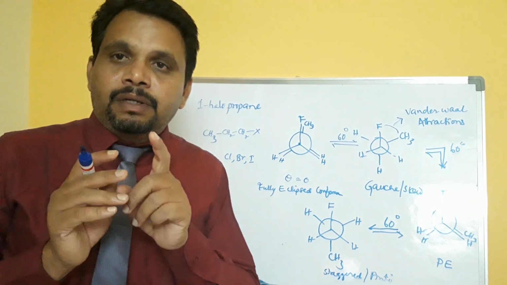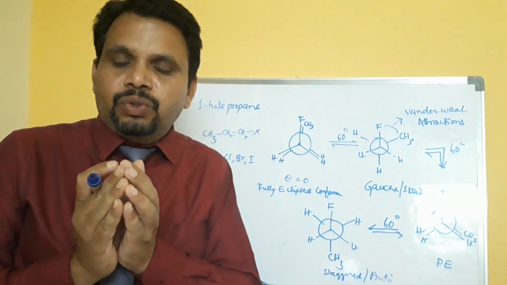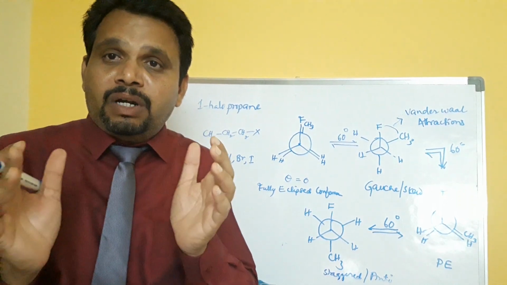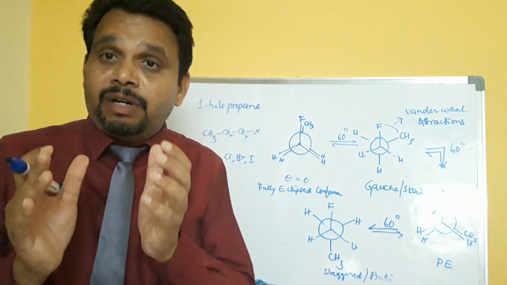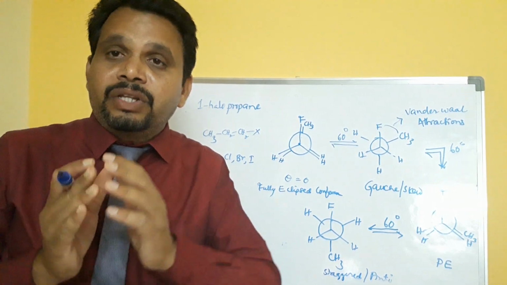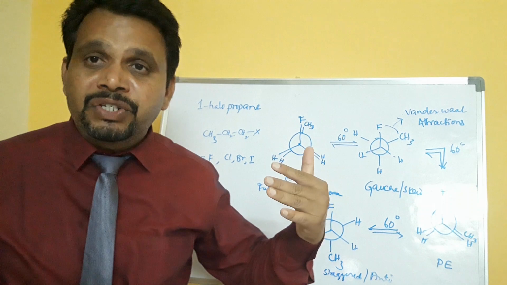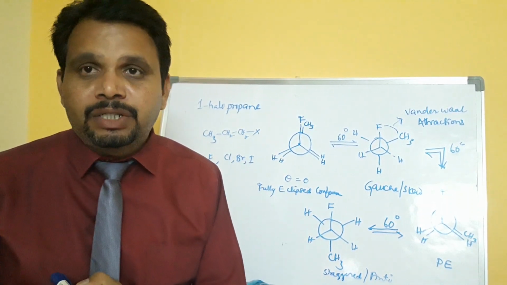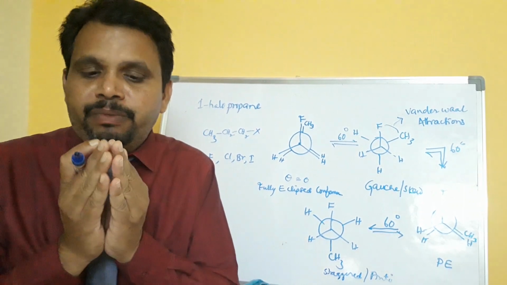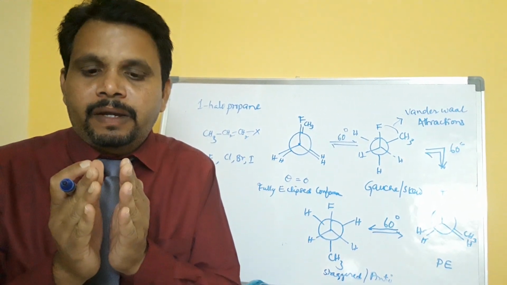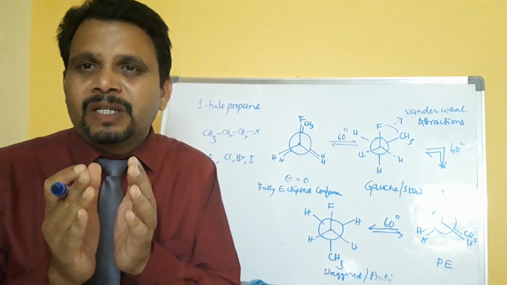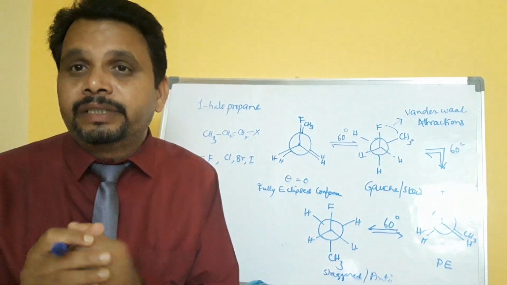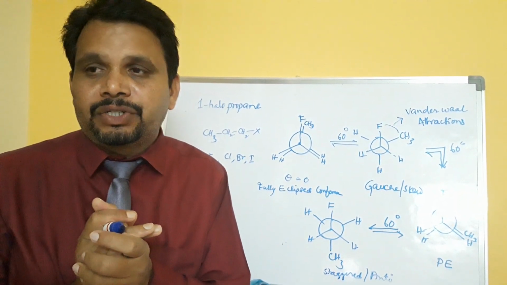If the distance between two groups or atoms is equal to the sum of van der Waals radii, then there are no van der Waals repulsions or attractions. But when the distance between two groups or atoms is more than the sum of the van der Waals radii, there is an attraction, a van der Waals attraction.